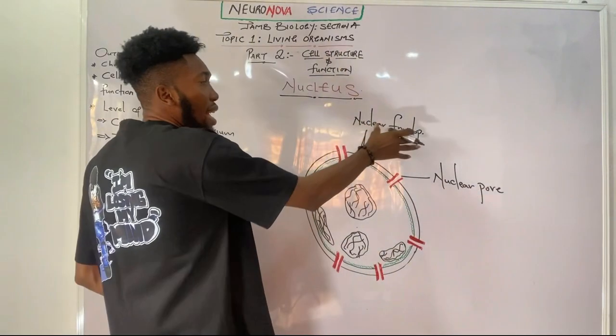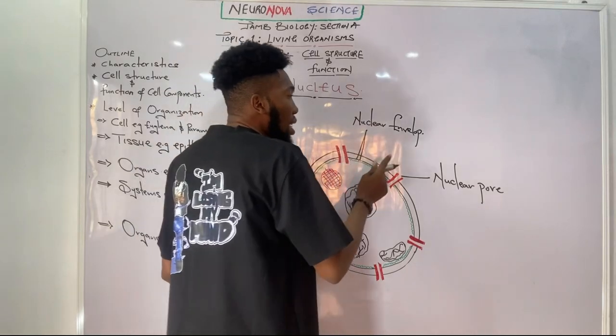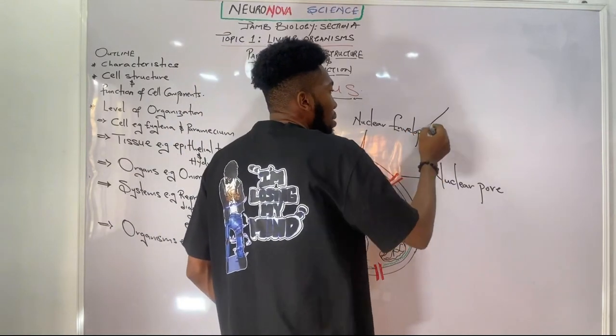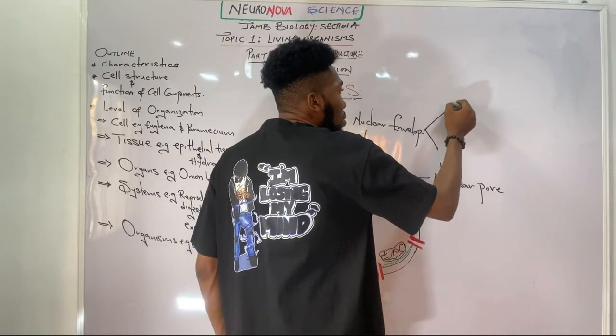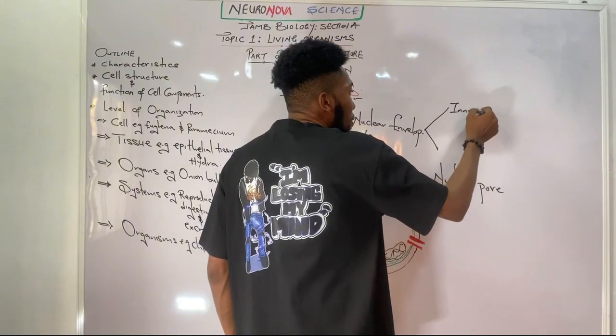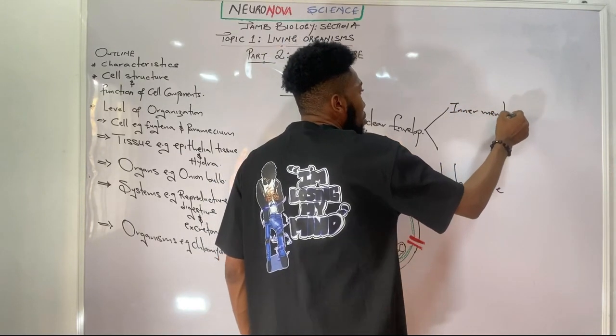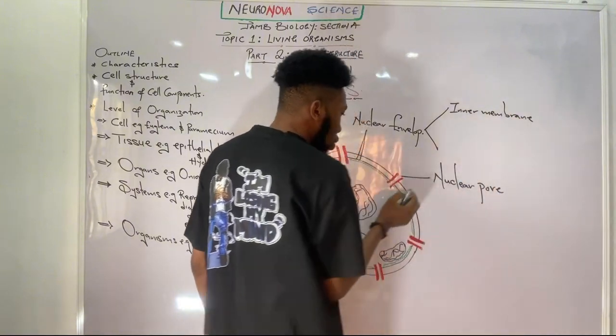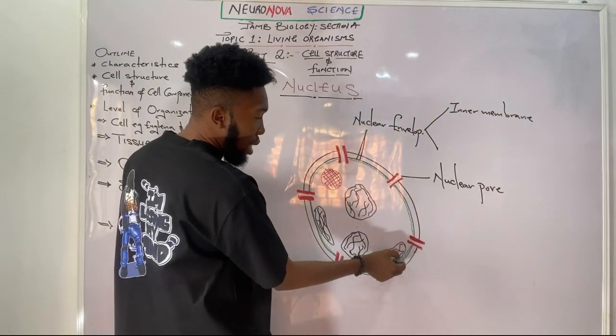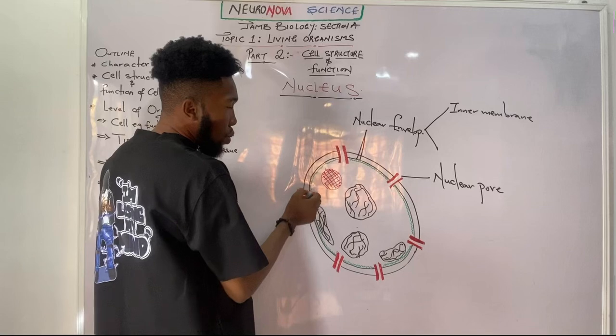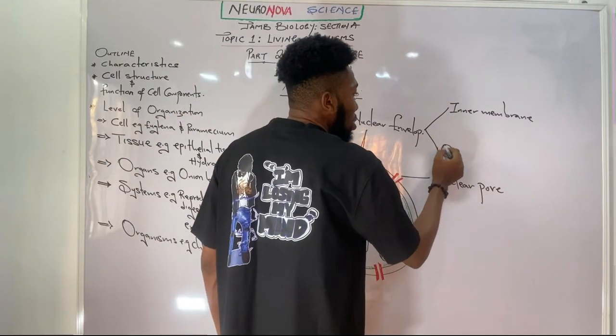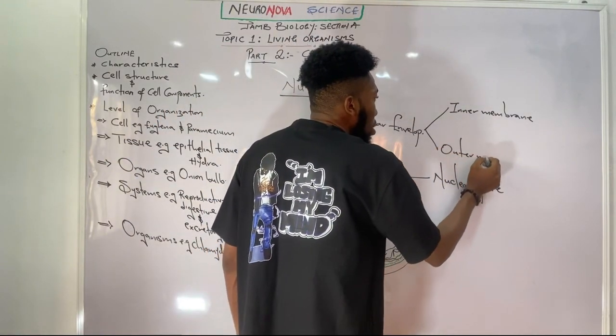So we have the nuclear envelope, which is double membrane. When we say it's double membrane, it means it has an inner membrane. We can call this line that is more inward the inner membrane. And we also have the outer membrane.